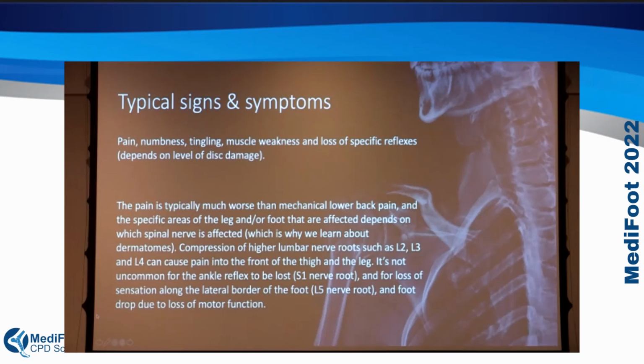You could lose your ankle reflex. If it's much higher up, about L3, L4, you could lose your knee reflex. So it will depend on the level where this happens as to what specific things you are going to see. But on the whole, you're going to lose sensation, and potentially motor function.